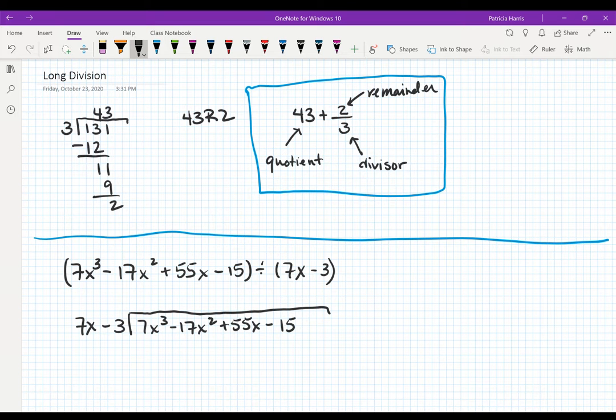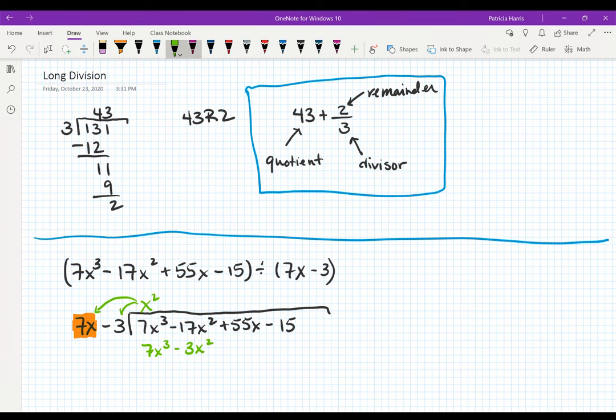Okay, so now we always lead off with the very first number on the outside. We need to figure out what we're going to multiply 7x by to get a 7x cubed. So we need to multiply by an x squared. So we're going to use the distributive property on our divisor like this. So x squared times the 7x cubed, then negative 3x squared.